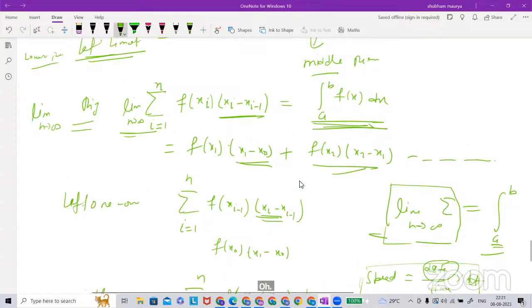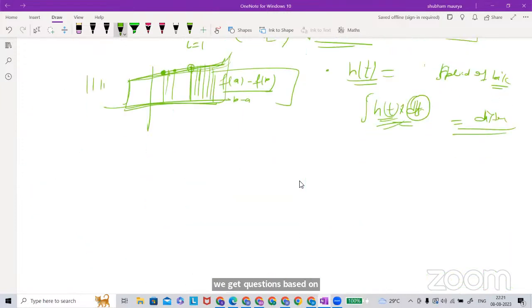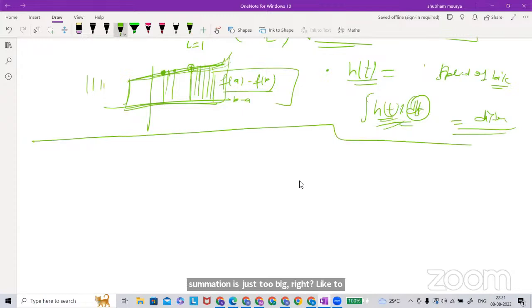So how do we get questions based on Riemann sum? Like the summation is just too big, right? So let me tell you a standard example. Generally they may ask, but from the last terms you can see it is not asked.